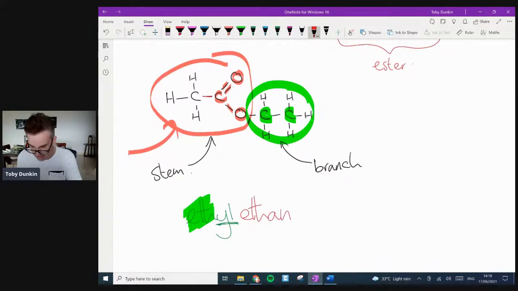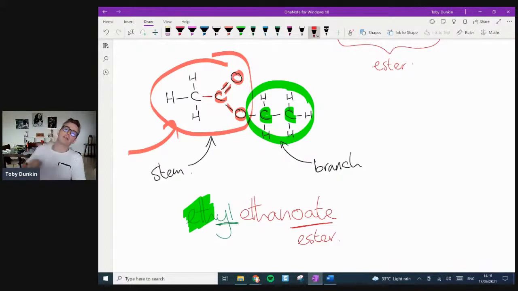And ethanoate is an ester. So this is actually the hardest family to learn to name at GCSE. This is the most complex family. You realize that there's a branch which used to be the alcohol, and the oic acid becomes oate.